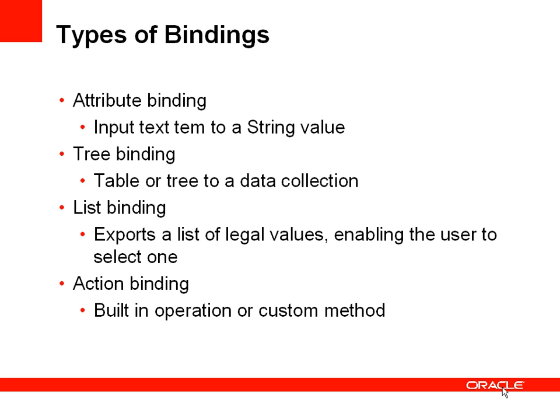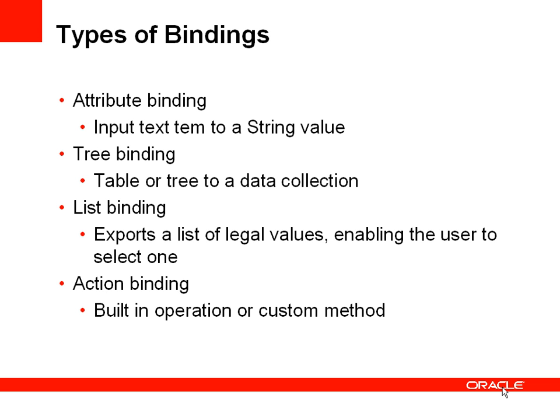So for example, you might have employee ID, which has been displayed in a text field. You create an attribute binding. You may also use the same binding to display data in the title of a panel box or a tab as well. So a binding can be used in many places within the same page.